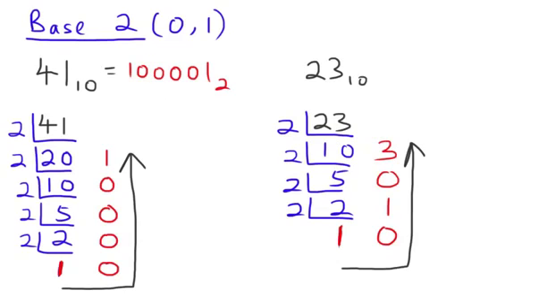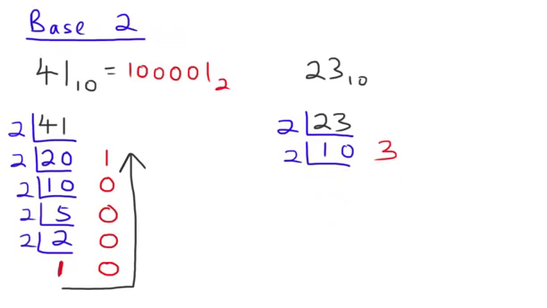So let's redo it once again, from here onwards. It should be 11 and remainder 1. And then we divide by 2. We have 5, remainder 1.